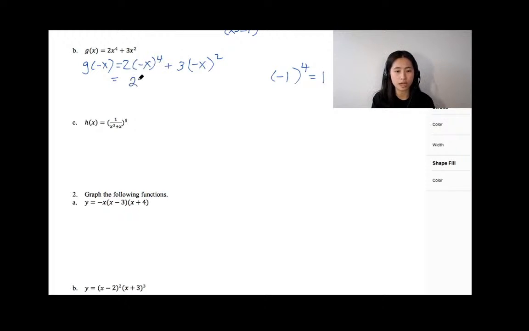In that case, you're going to get exactly 2x raised to the power of 4 plus 3x squared, which is exactly the same as g of x to begin with. Therefore, since g of negative x is equal to g of x, we can say that our function is even.